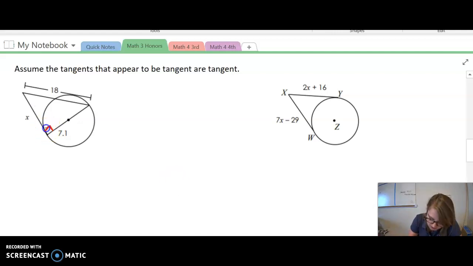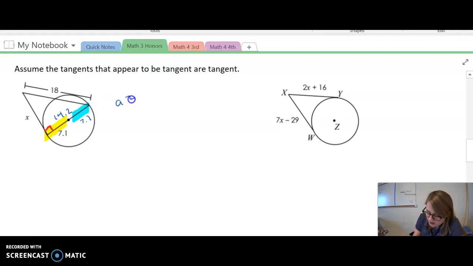So this is our tangent. And please note that it says to assume that lines that appear to be tangent are tangent. Alright, so we identified our angle, and let's see if we have any missing information. I noticed that the 7.1 is only applied right here, and that's the radius. We need to also apply it to this side, so this is also 7.1, so the entire side is 14.2.